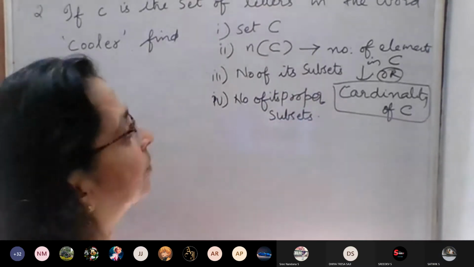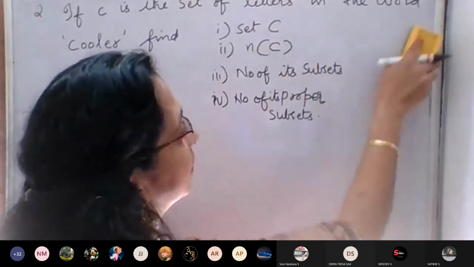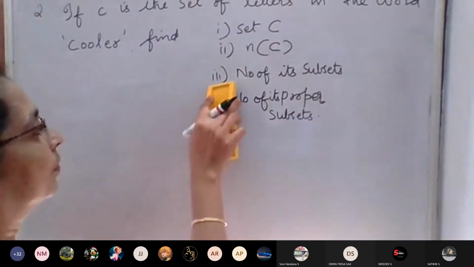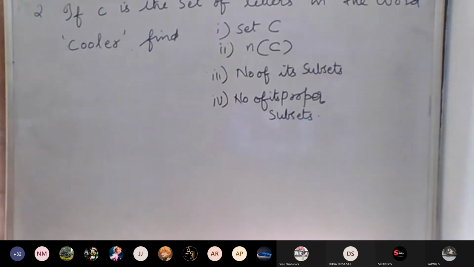There are four questions: find set C, N of C, number of its subsets, and number of its proper subsets.